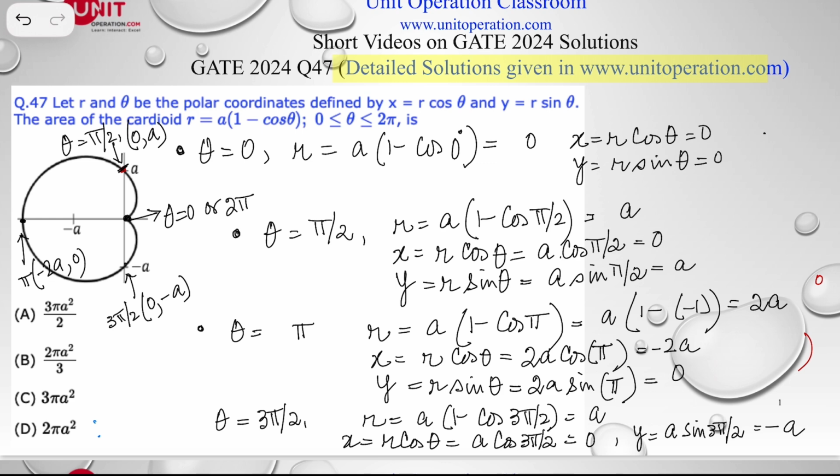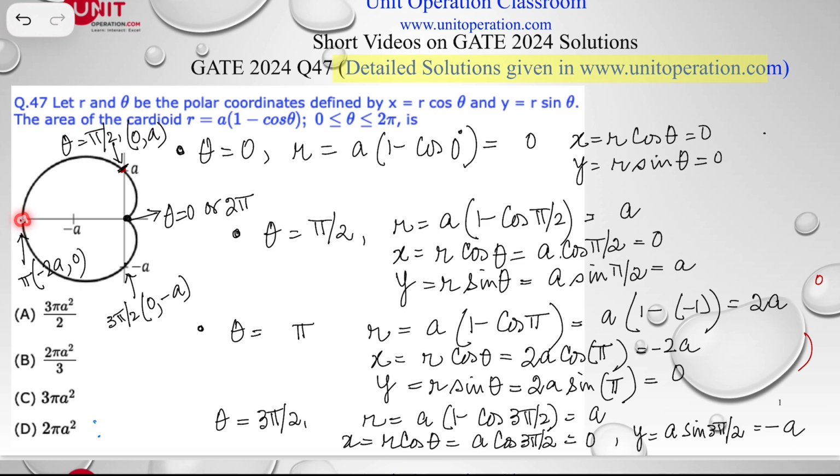So this is going to be equal to negative 2a and 0. At this point, theta is equal to pi, and x is negative 2a, and y is of course equal to 0.